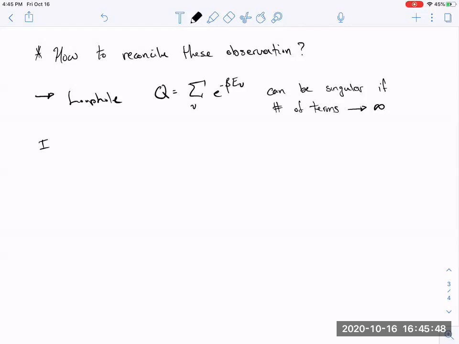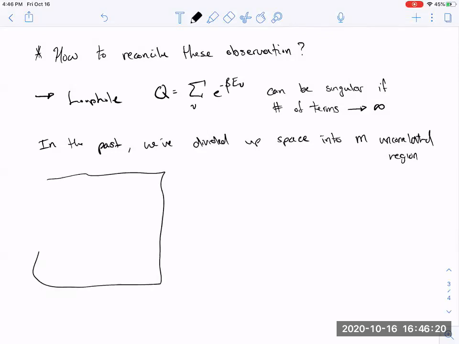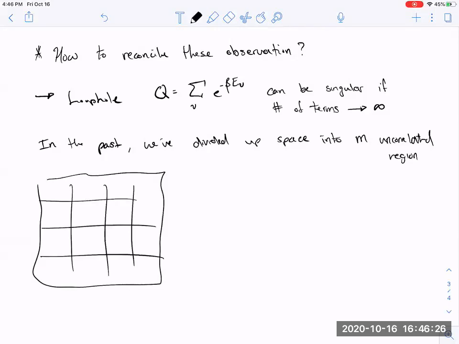Now, in the past, we've divided up our space into M uncorrelated regions. We've often drawn our space as existing on some grid, like so.